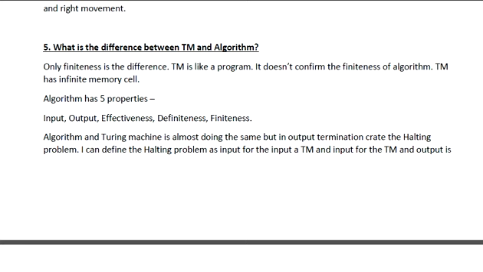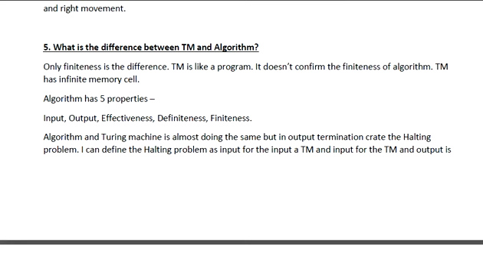Only the finiteness property doesn't match, because once we put an arbitrary input into a Turing machine, we don't know when it will terminate, and it will also cause the halting problem.